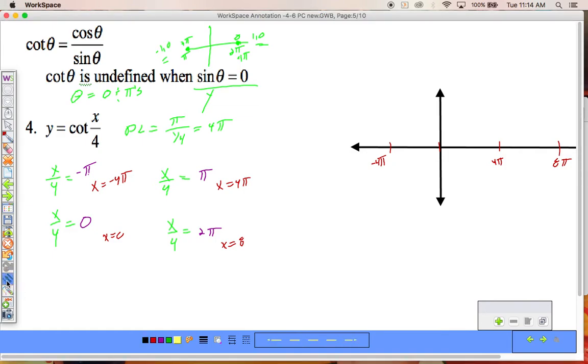It's different because I want to know when y equals 0, and y equals 0 on the left and right. Why do I have these as my verticals? They've shifted. I'm going to pick one section to label. I'm going to pick between 0 and 4 pi, which we know should be pi, 2 pi, and 3 pi.